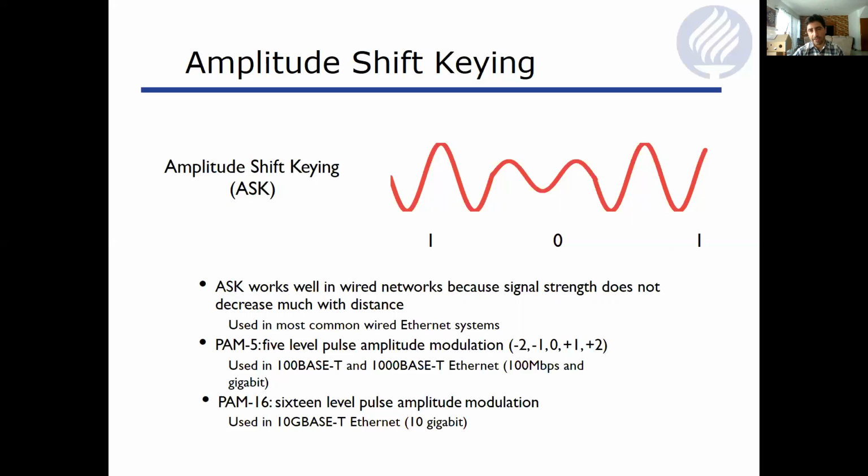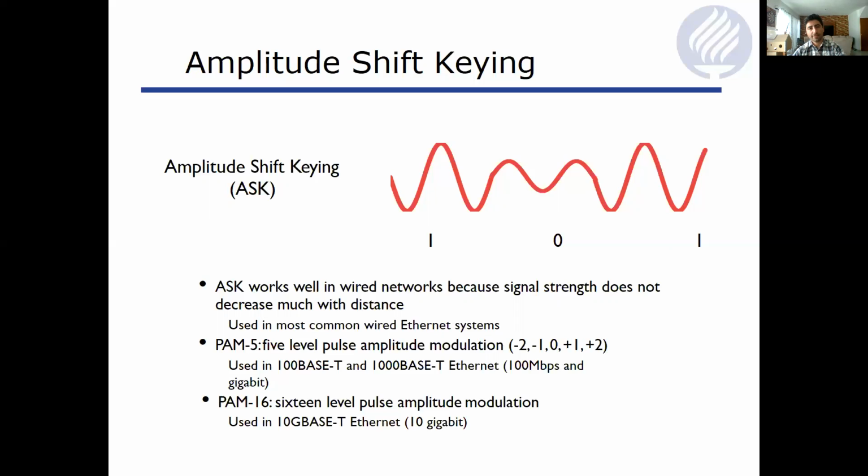That's the whole idea of transmitting our power using wires, because they have very low resistance. So amplitude shifting is commonly used in wired systems, just because it's very simple and it works great. Most common wired Ethernet today uses amplitude shifting.